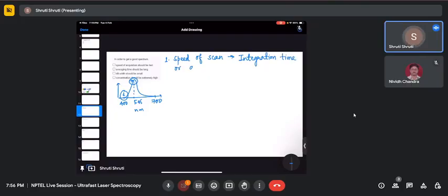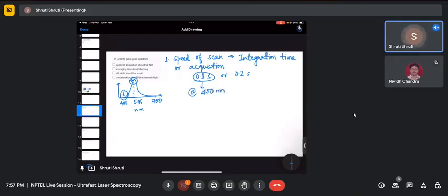Suppose we need a visible emission, a visible spectrophotometer in the visible range. So tungsten lamp has 320 nanometer to 2400 nanometer. This is the data I collected from the internet.